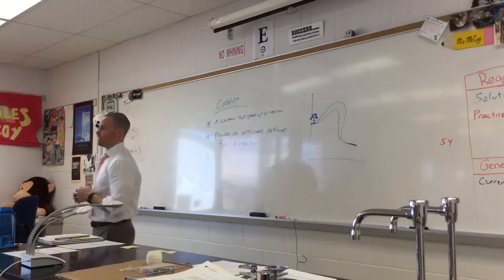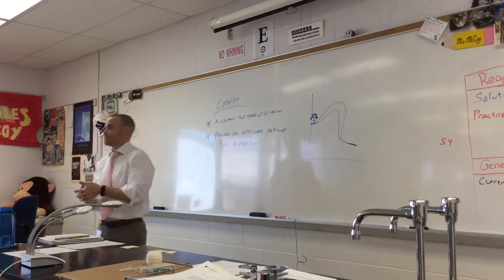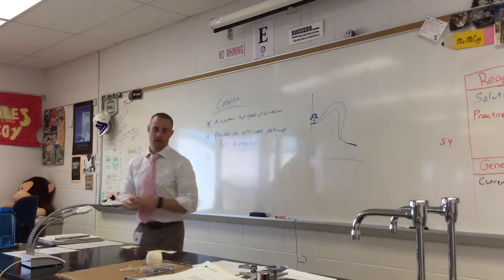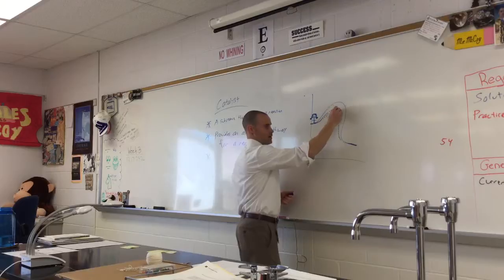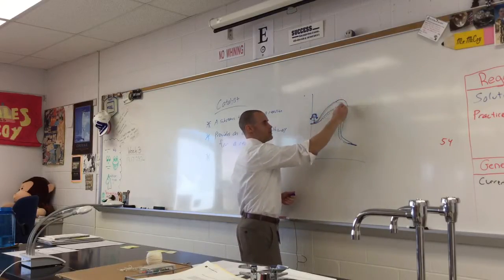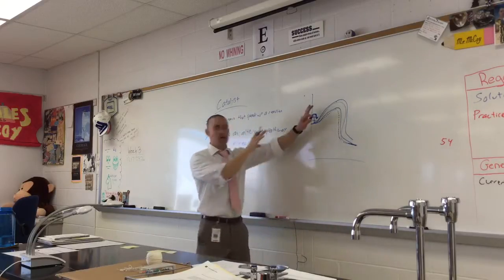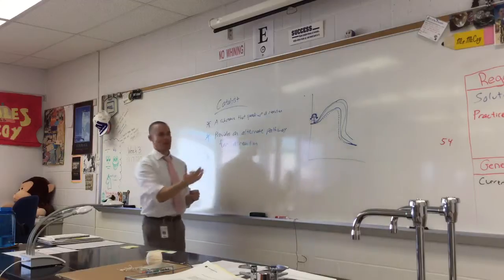Which way is easier, the dotted line or the solid line? We did this yesterday. Which one's quicker? Dotted, right? So if he goes here, he'll get to the top quicker, and then he's down, he makes products. If he goes up here, it'll take a little bit more time. It'll still work, but it's slower. Don't write all those lines, it's confusing. But the dotted line is a quicker alternate path.